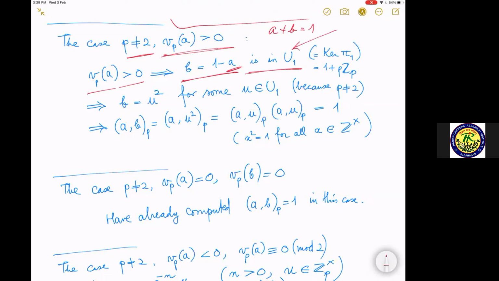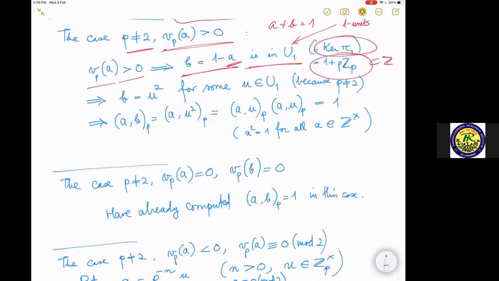The elements of this are sometimes called 1-units. By definition, they are the elements of the kernel of pi_1, or the elements of the group 1 plus p Z_p. 1 plus p Z_p is a subgroup of Z_p star.